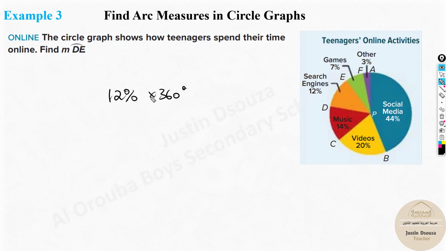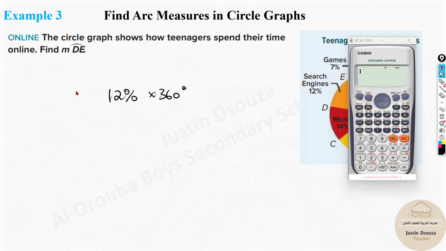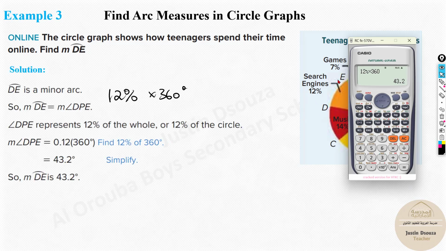And now, if you just solve this, you will get whatever is required. So you can use your calculators over here. Let's take out our calculators. 12%, you can use the symbol 12%, or you can write 0.12 multiplied by 360 degrees. That is 43.2. And by the way, it is 43.2 degrees, and it's a minor arc. This is important to mention.